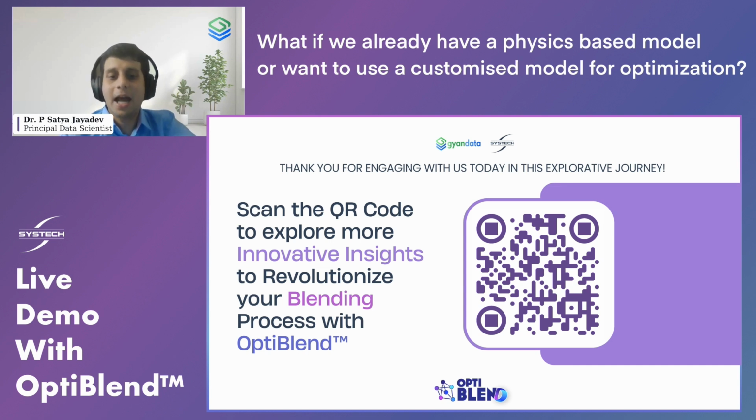An interface will be added where we can upload an existing model, or maybe we can also provide an interface where you can enter something like a linear model easily. Certain models are already known, and then we don't want to build a model from scratch again, and we can directly go for optimization. So we are planning to support customized models and even physics-based models in the next versions of OptiBlend.